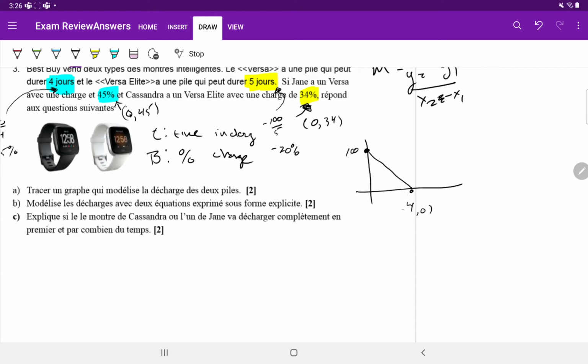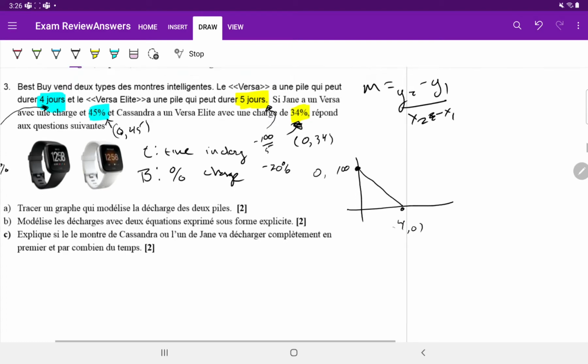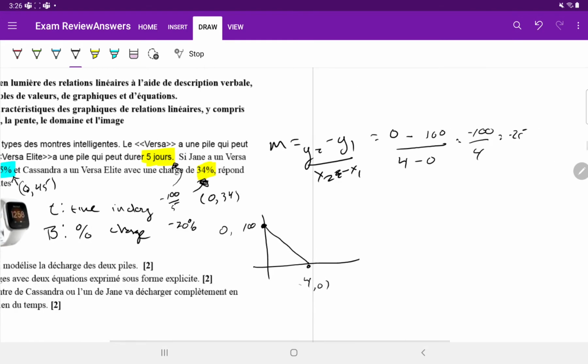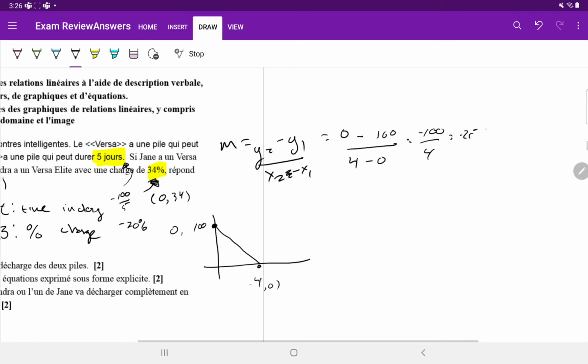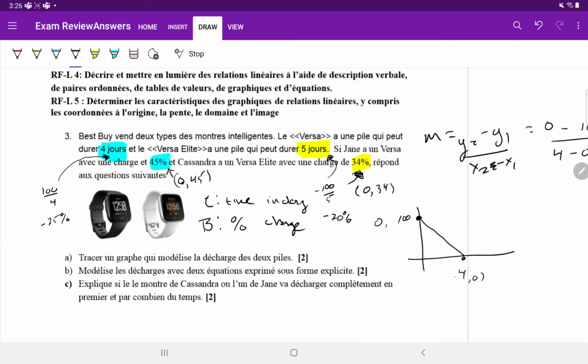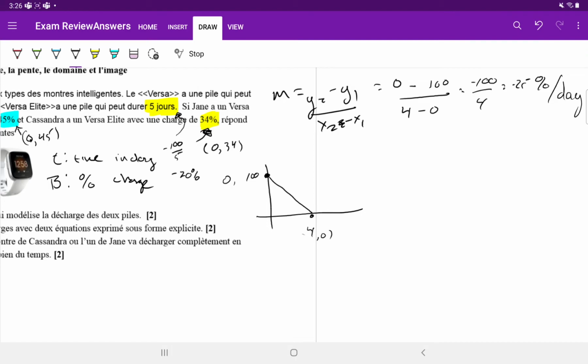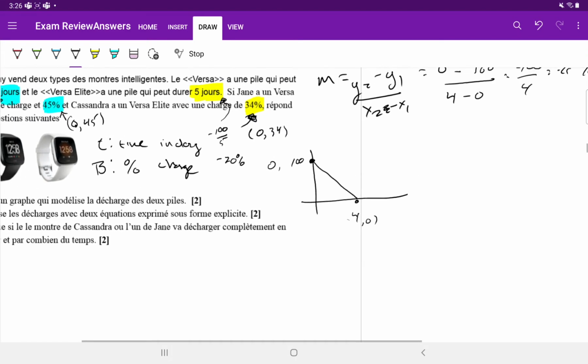So that's (4, 0), and this is (0, 100). So I'm saying 0 minus 100 over 4 minus 0 is going to give me negative 100 over 4, negative 25. So that's the Versa right there, negative 25 what? Percent per day. That's my thinking as I'm looking at this, and that's the biggest leap we need to make. Once we have that figured out, the rest of this question is hunky-dory.